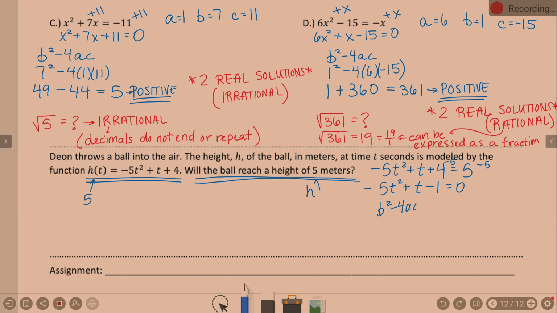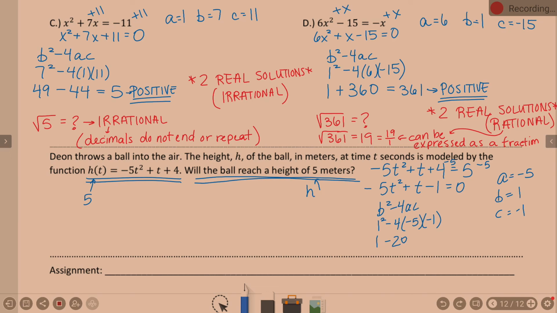Your b squared minus 4ac. So, a is negative 5, b is 1, and c is negative 1. So 1 squared minus 4 times a is negative 5 times c is negative 1. 1 minus 4 times minus 5 is 20 times minus 1 is minus 20.